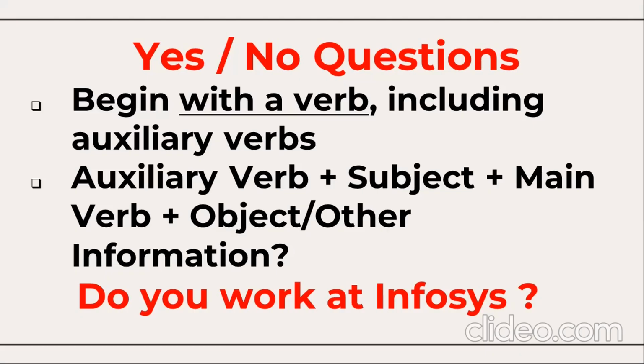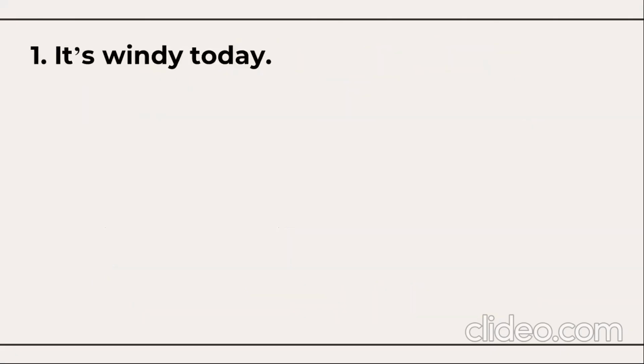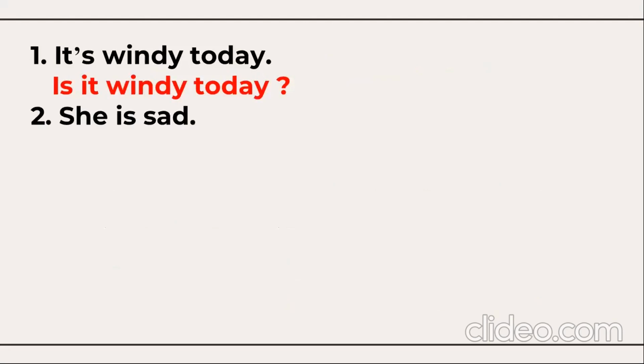Let's understand yes or no questions with the help of a few sentences. Question number one: it is windy today. In this sentence we have the helping verb is, so the yes or no question will be: is it windy today? Then: she is sad.